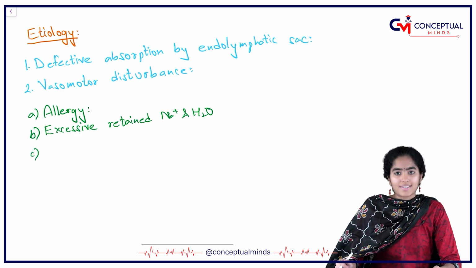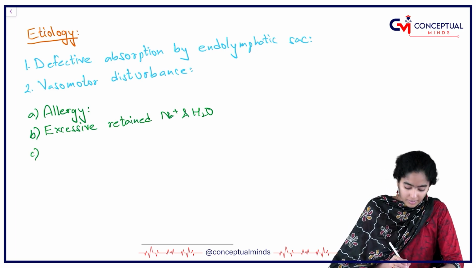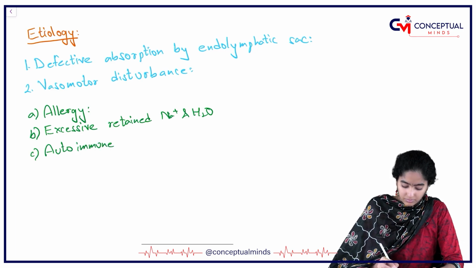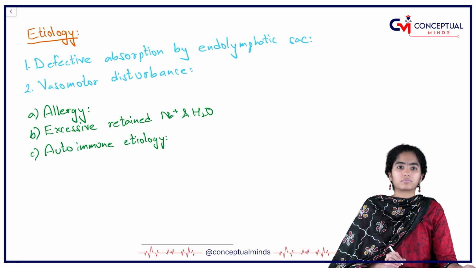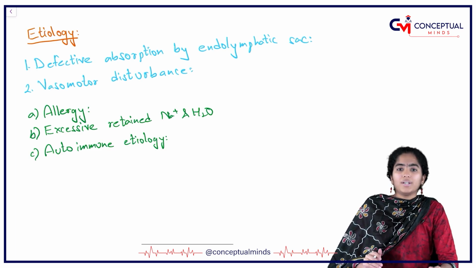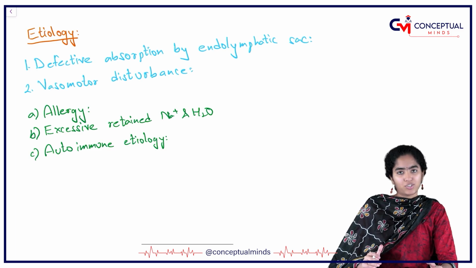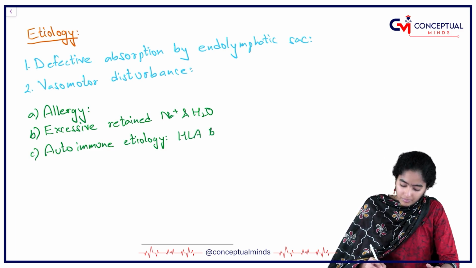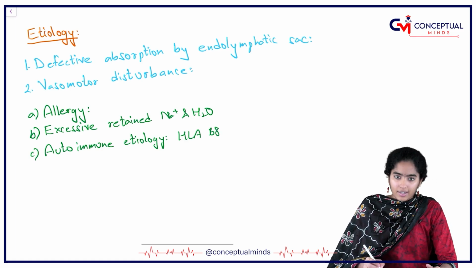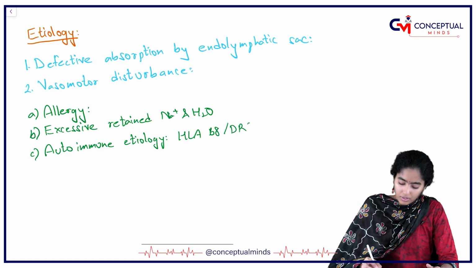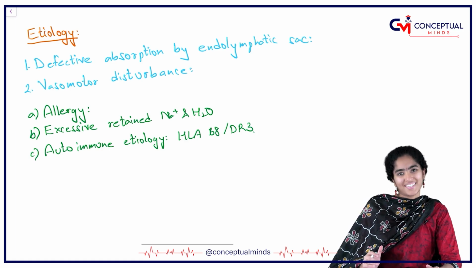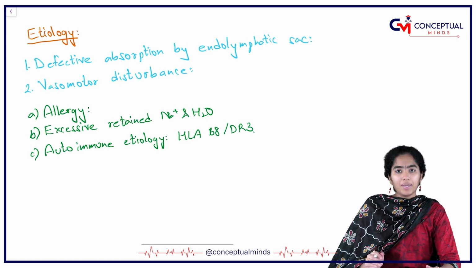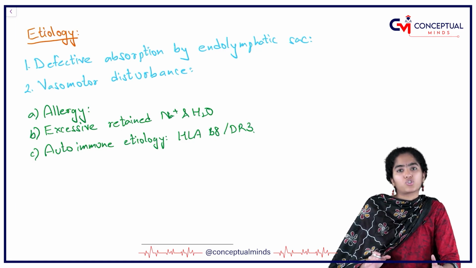Another possible cause is autoimmune etiology. Autoimmunity was suspected because certain HLA complexes such as HLA-B8 and DR3 were usually found associated with Meniere's disease, and maybe the inflammation is immunologically induced.